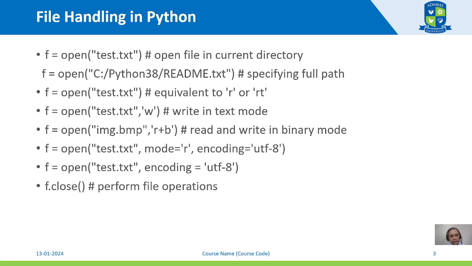Or by default we know it is opened in R or RT mode, that is read mode, and we can specify the encoding is equal to UTF-8. f.close performs the file operation to close. Now here f represents the object of the file.